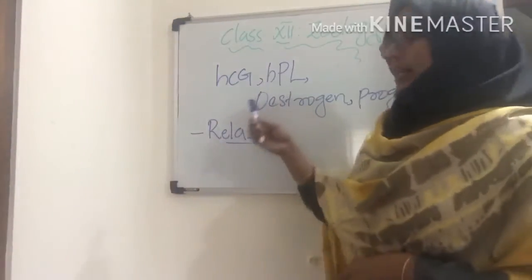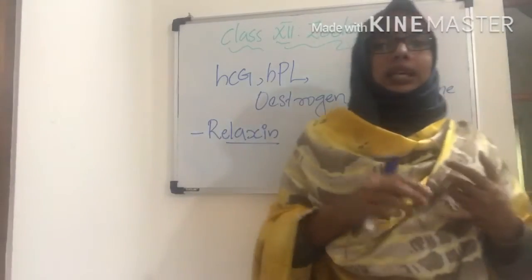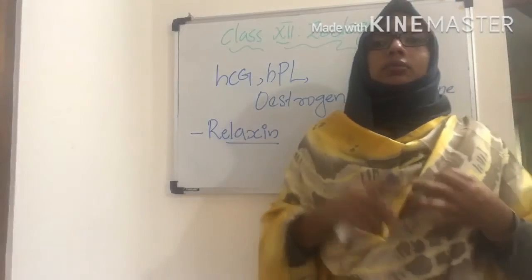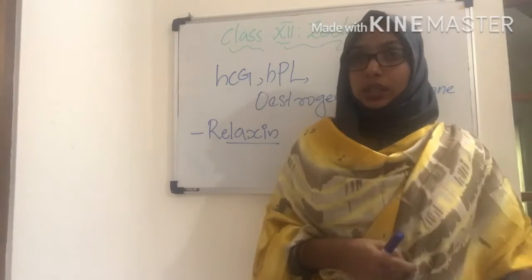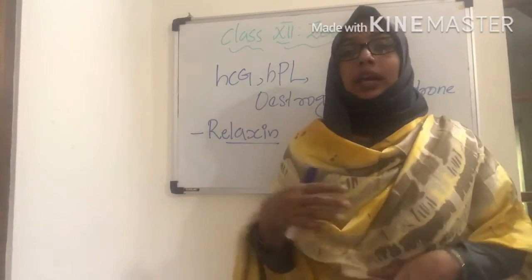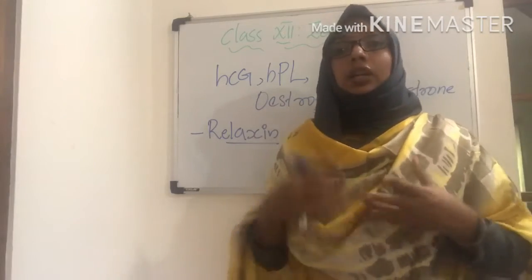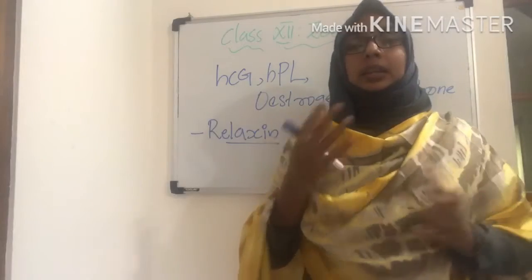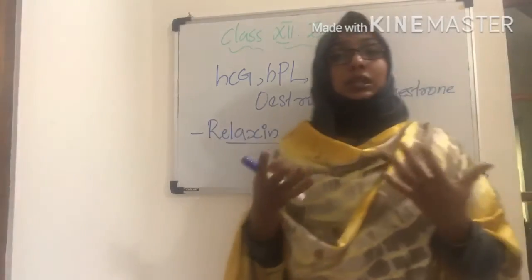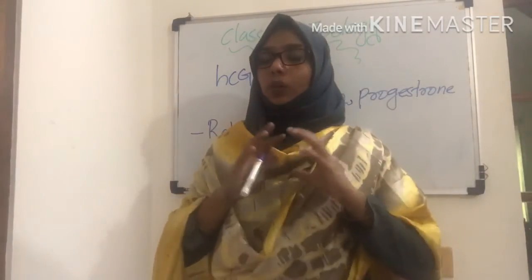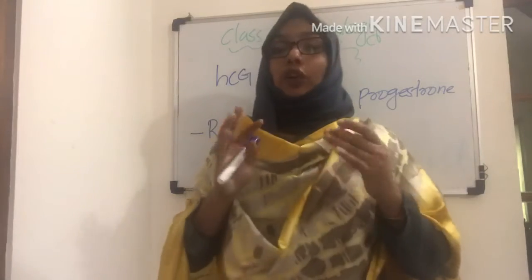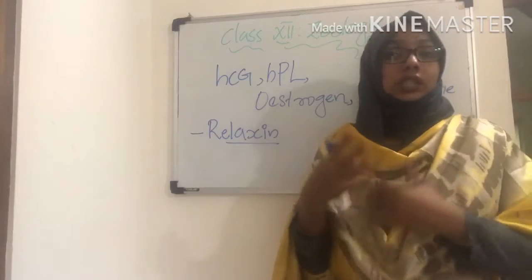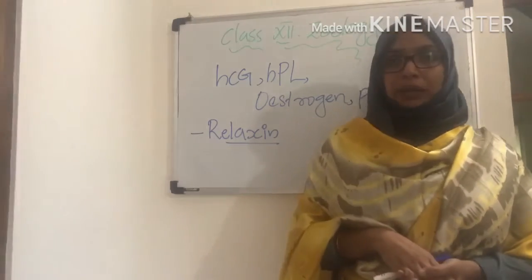Along with these hormones, estrogen, progesterone, prolactin, cortisol, thyroxine and others are produced in an increased amount during pregnancy. Why? Because they are very much essential for the maintenance and support of the pregnancy and also for the development of the fetal baby.